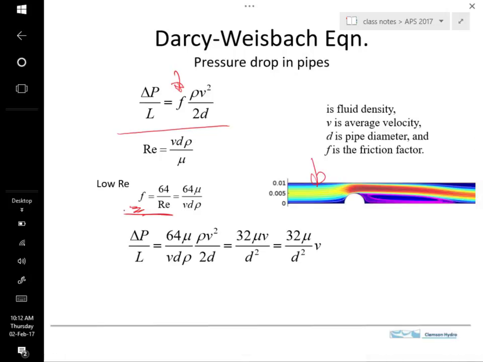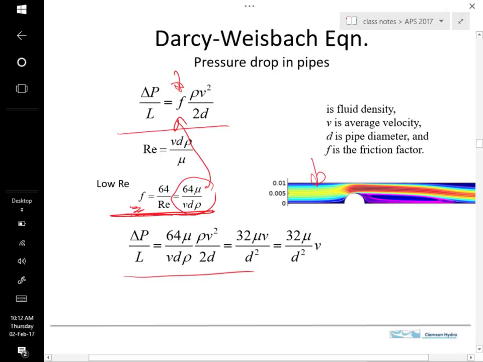So the friction factor is equal to that, and you just substitute in the expression for the Reynolds number. If we do that, that's what I did here, just did that substitution. And so here's the friction factor.